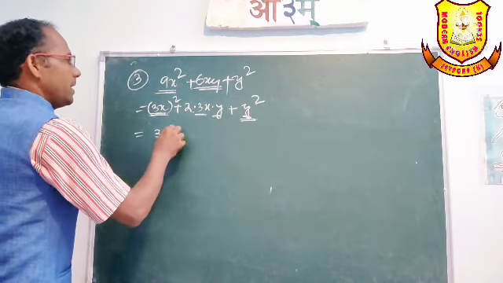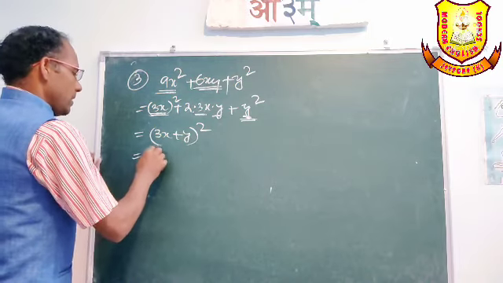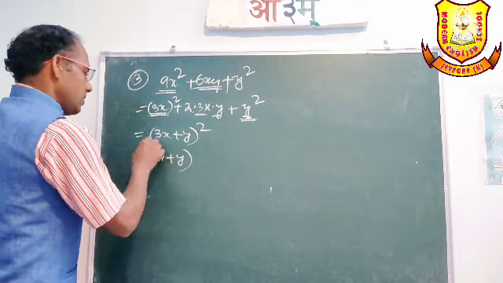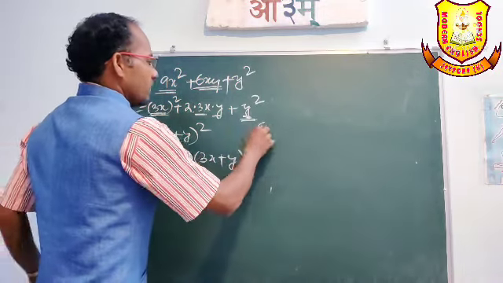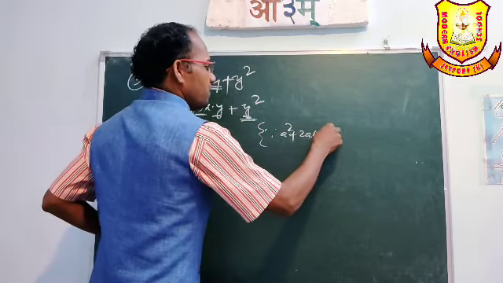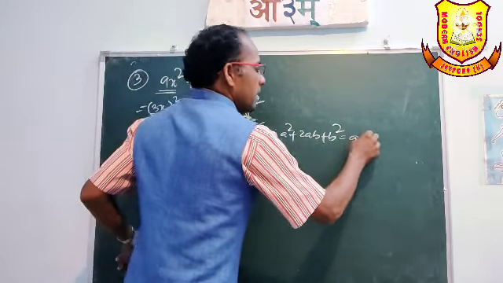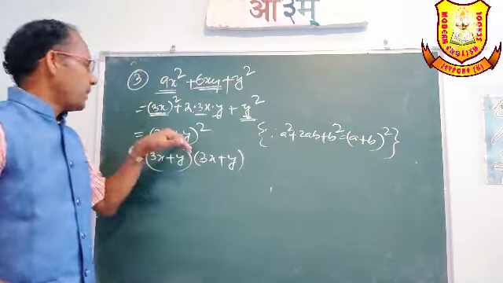So this is a plus b whole square, that is equal to a plus b whole into a plus b. But here you have to write a square plus 2ab plus b square equal to a plus b whole square. This is the algebraic identity you have applied here.